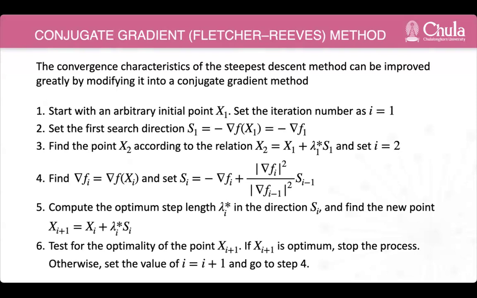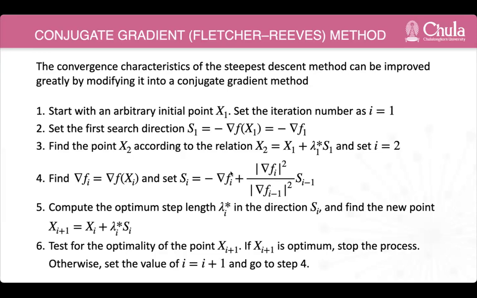You start from steepest descent first at the beginning, and after that, the next iteration uses the gradient at that iteration and updates it with the direction from the previous one.